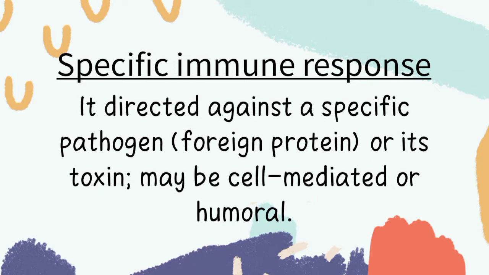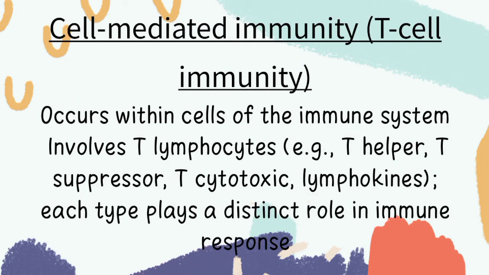There are two types of specific immunity: cell-mediated or humoral. The cell-mediated, in bracket T cell immunity, is called T cell immunity because it is the T cell that functions here. When they say T cell, they mean the T lymphocyte. We have T lymphocyte and we have B lymphocyte.